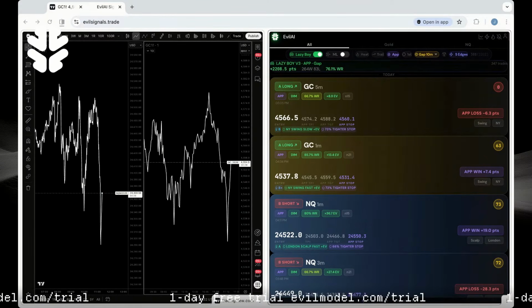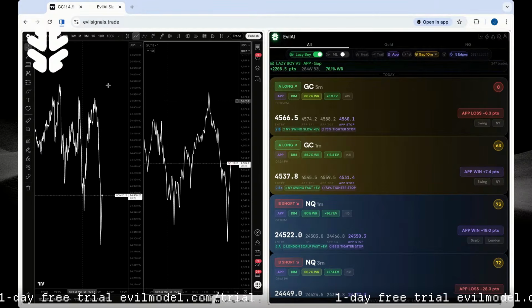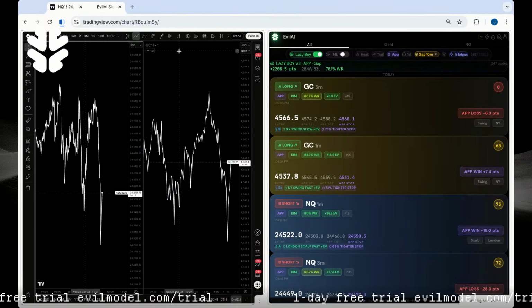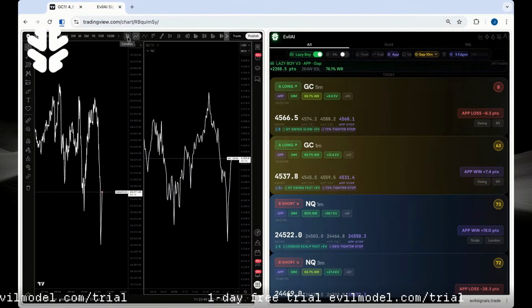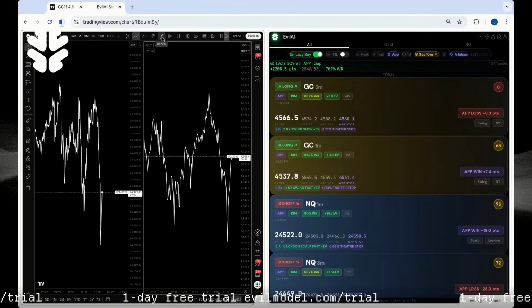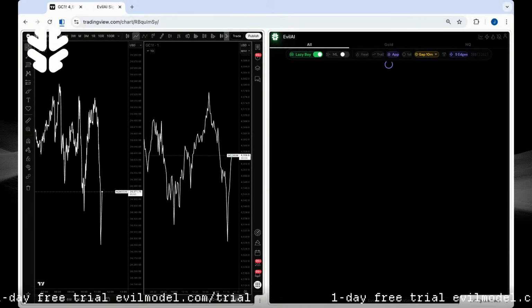So here I have on the left, no candles, but do I even need the candles even shown? I could even be putting it on, for serious magic tricks. You could put it on like Renko, or what's a weirder one? What's weirder than Renko?